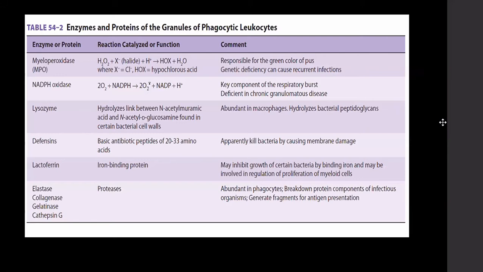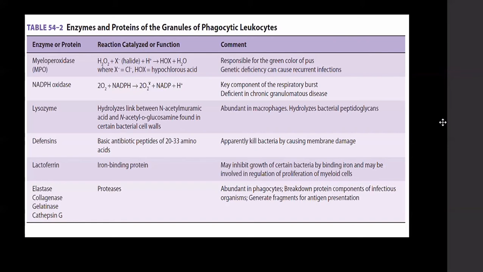So please, these are the enzymes inside the granules of your WBCs. You have your myeloperoxidase and your NADPH oxidase. Those two are the most common enzymes inside your WBCs because they are the ones that produce your reactive oxygen species, your ROS, that destroys the bacteria or the pathogen.